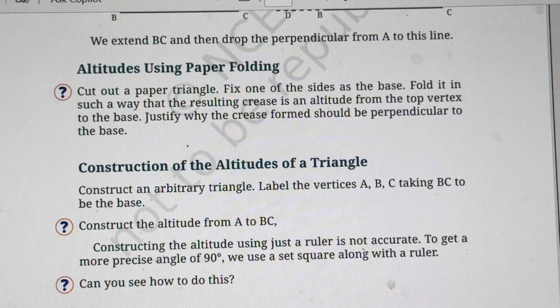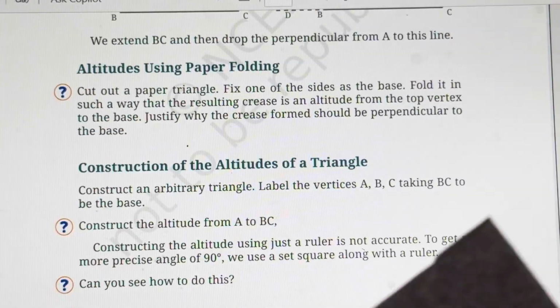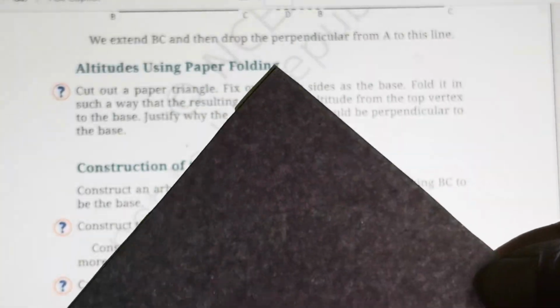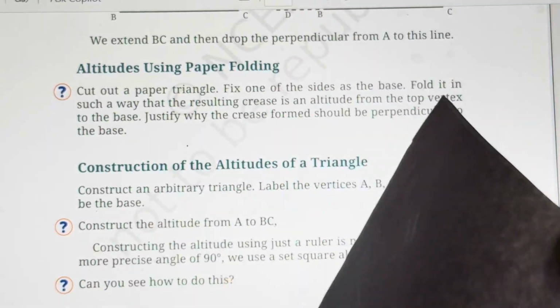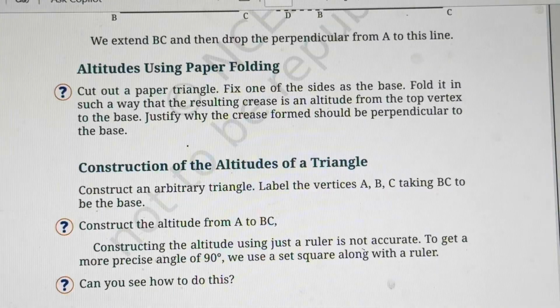Altitude using paper folding. Cut out a paper triangle, fix one of the sides as a base, and fold it in such a way that the resulting crease gives the altitude from the top vertex. Like here, I have taken this cutout of a triangle, and from the vertex, we have taken this as a base.